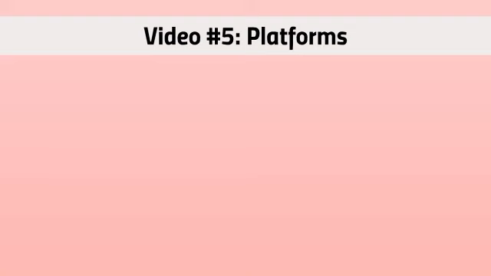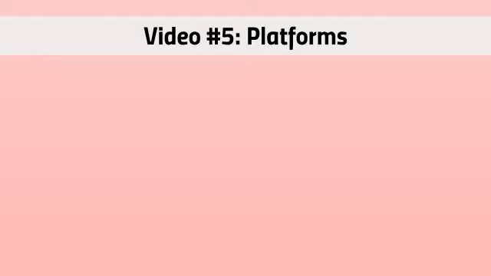Okay, so welcome back. This is video number 5, and we are going to talk about platforms. We talked a lot about the blueprint in the previous video, so I want to make this short, quick, and easy for you to get through in the next 5 videos so that you can begin the implementation process. Platforms is a crucial thing to think about.